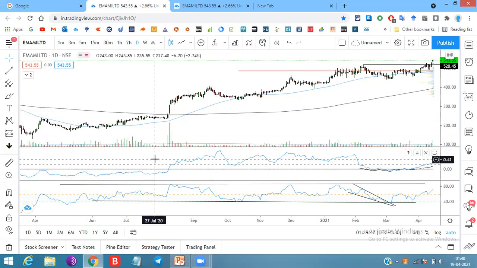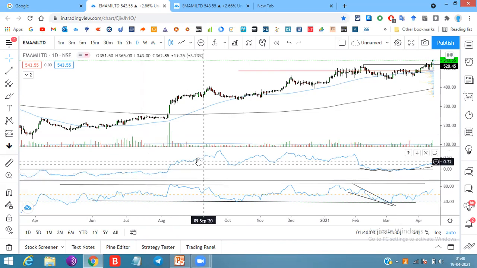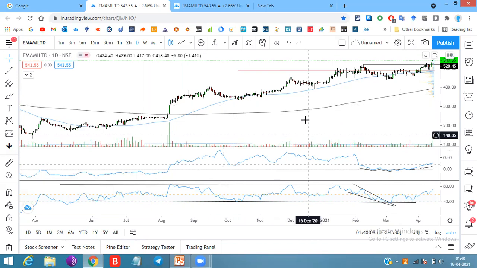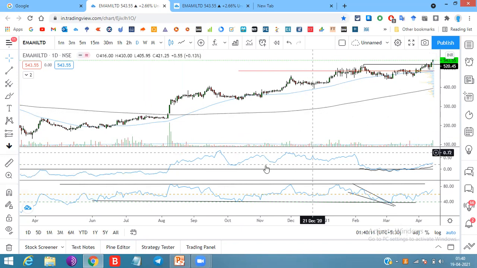I'll just explain the meaning. What is the meaning behind the RS and RSI? A basic meaning which I understand. RS is comparing the closing price of the stock to the broader base index or to the benchmark, or whichever index you want to select.